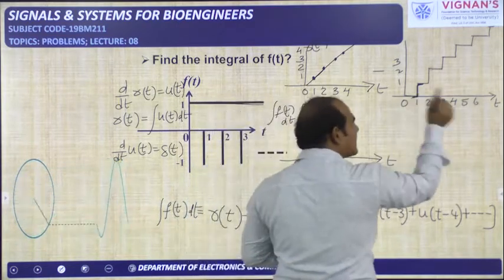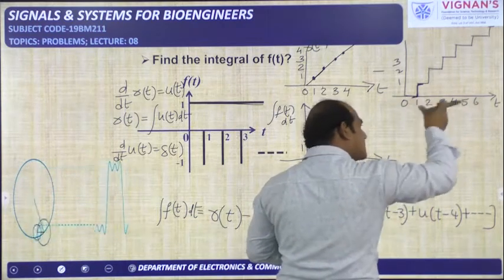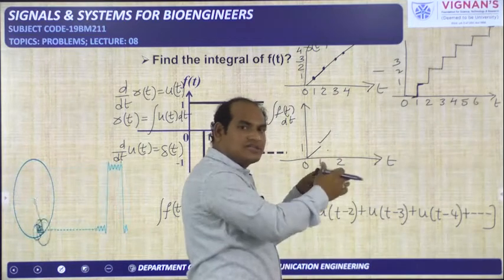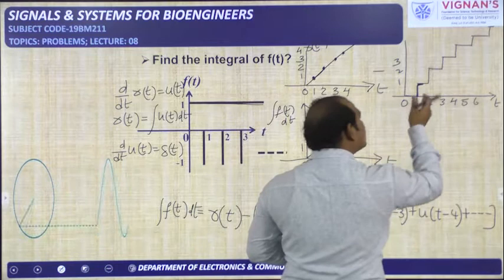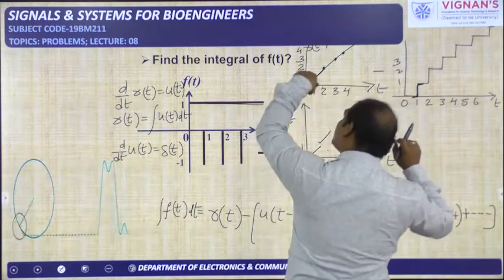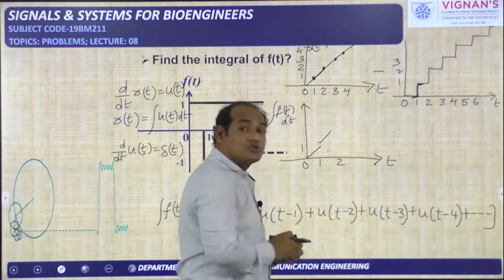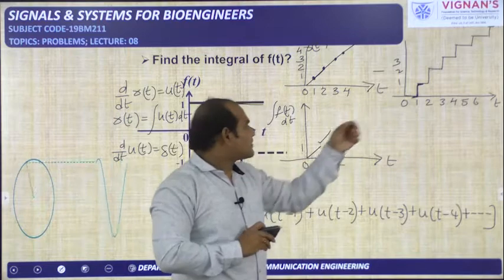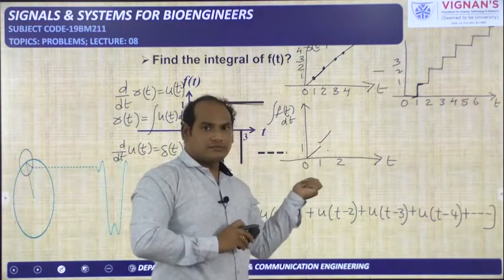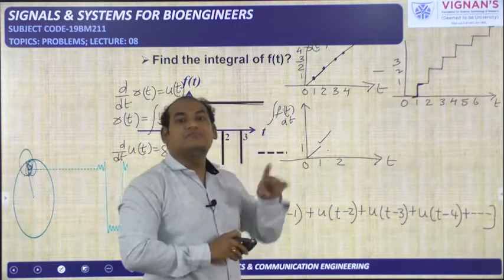But if it is 1 at t is equal to 1, because it is changing from 0 to 1, I am considering both cases. One is 0 amplitude, one is 1 amplitude. So at t is equal to 1, if the amplitude is 1, it is surely 1. So 1 minus 1 will become 0. So at t is equal to 1, if it is 0, the total subtraction will become 1. But if it is 1, total subtraction will become 0.